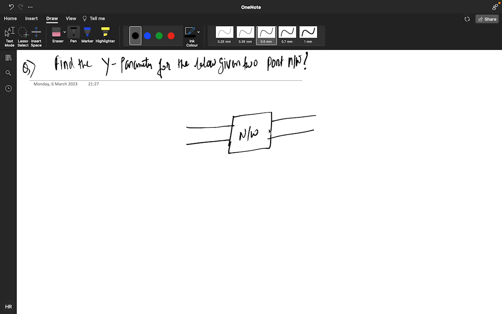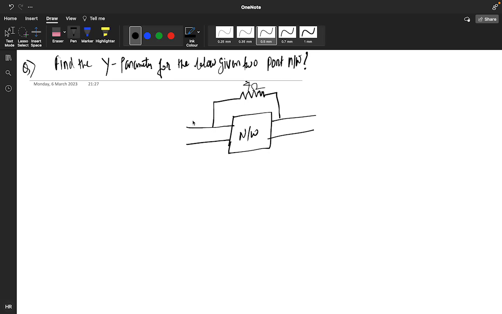Okay, and you have a resistor connected like this, and this particular resistance value is 4 ohm.